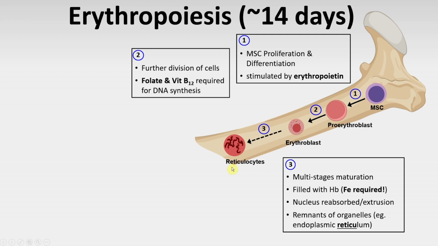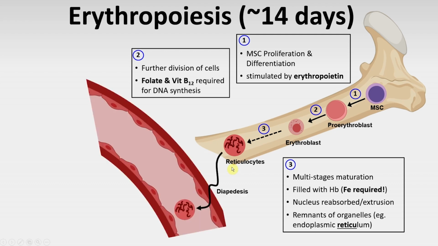Why so? Once a reticulocyte is formed, it migrates into the capillaries through a process called diapedesis. It has a very flexible membrane that allows it to squeeze through the tiny pores of your capillaries. And once it enters the circulation, that's when it starts maturing into your mature red blood cells.